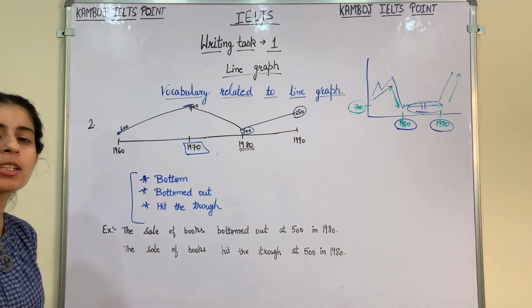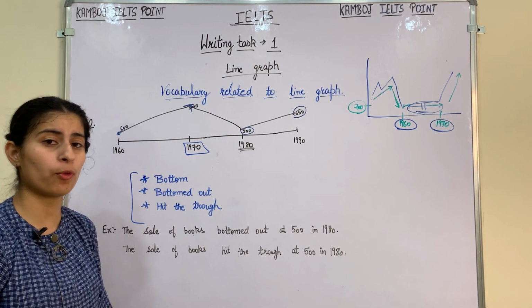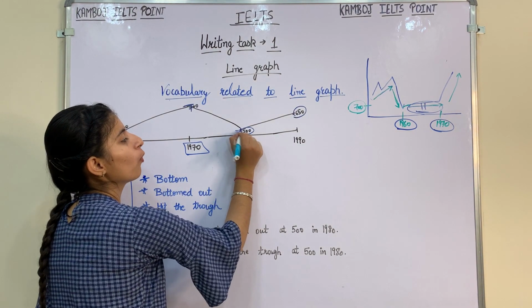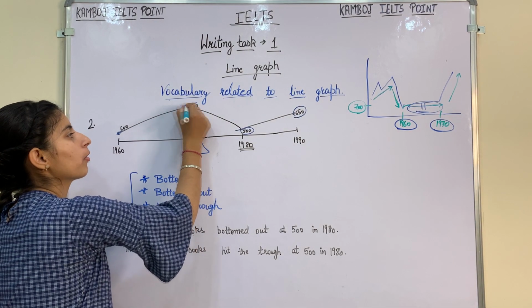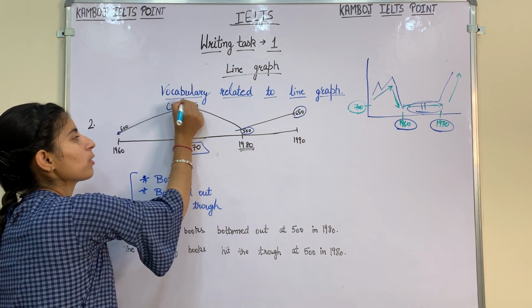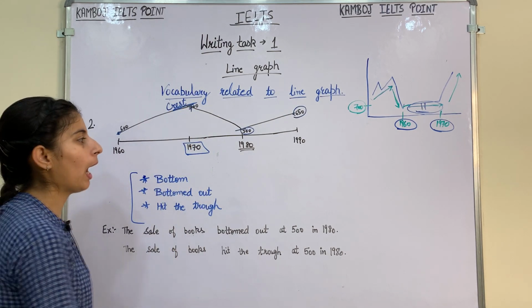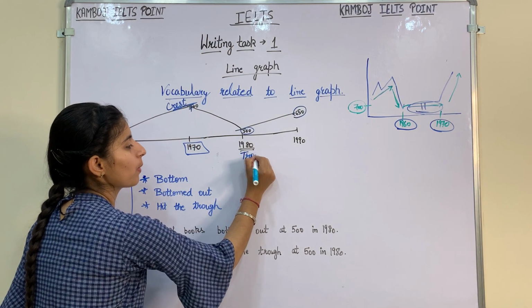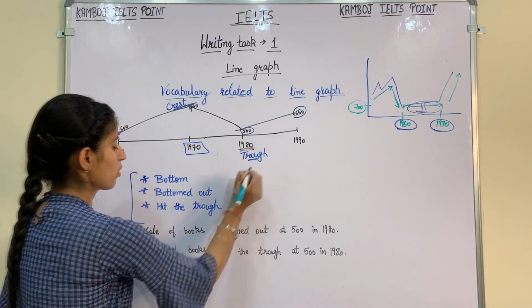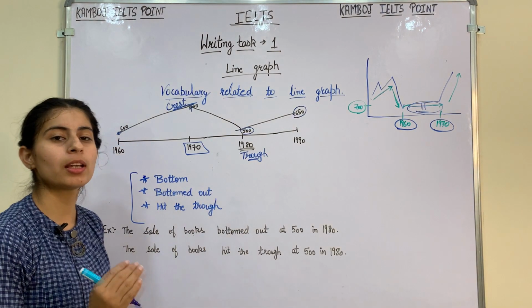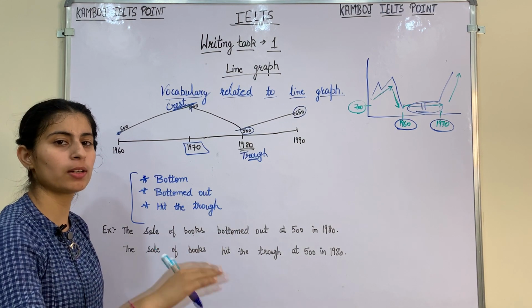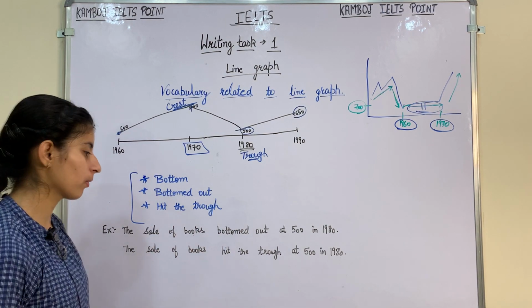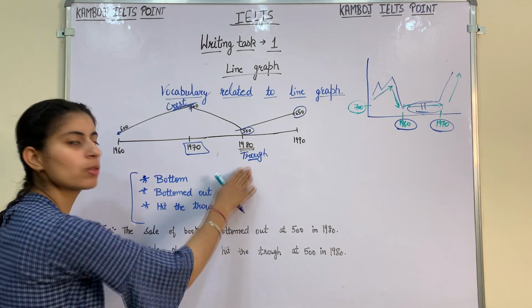Now you might ask me what is the meaning of trough? Trough is the lowest point. We also have the word crest to express the highest point and trough to express the lowest point. So hit the trough means the sale of books touched the lowest point in 1980. That is the meaning of using these words.